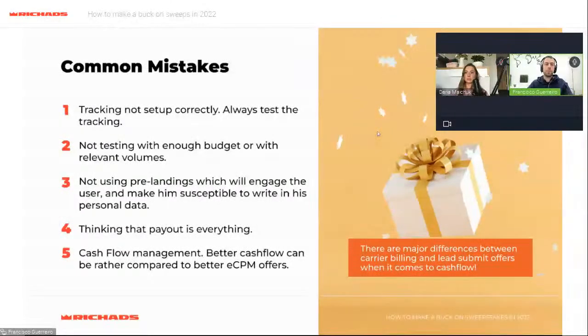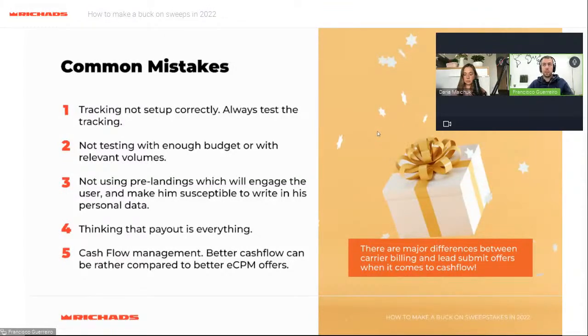Now, carrier billing, like the name says, only works for specific carriers. So one of the limitations is that if you are promoting sweepstakes of carrier billing, most of the time you can only promote this offer in a specific carrier. For example, we are based in Portugal. In Portugal, we have three big operators for mobile devices: MEO, Vodafone, and NOS.